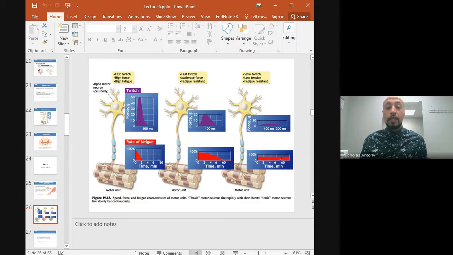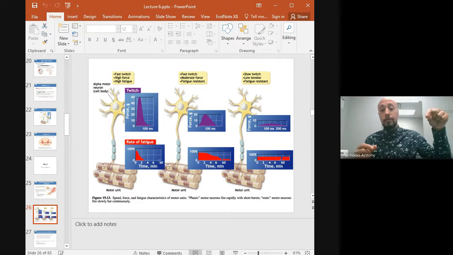So if I'm going to transition from slow twitch to fast twitch, I'm not changing connections. Let's say I want to have more fast twitch ability. I'm not taking my lower motor neuron and making it go to a different spot. I'm taking the lower motor neurons that are already there, and we're going to learn about motor recruitment.